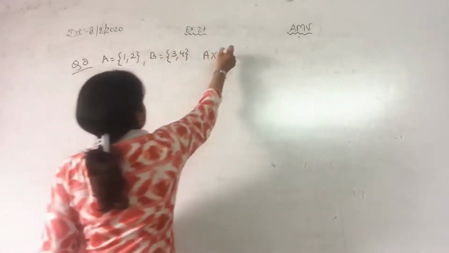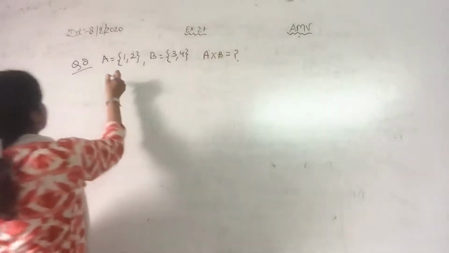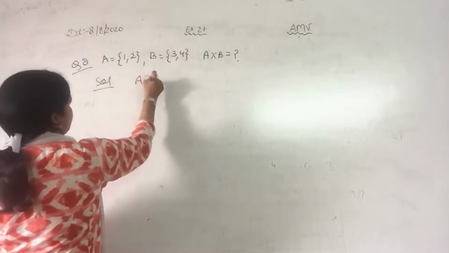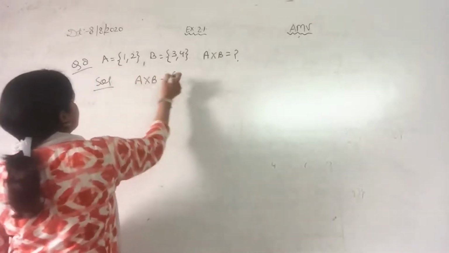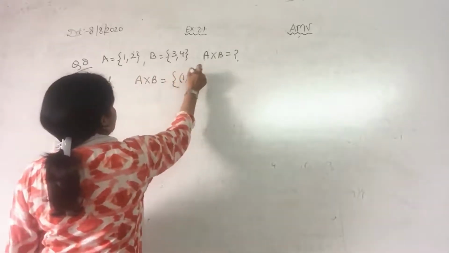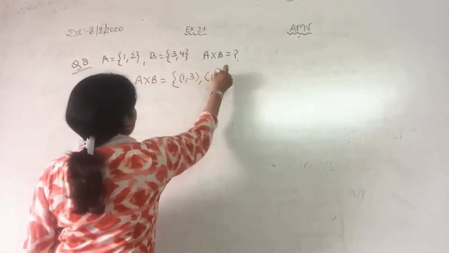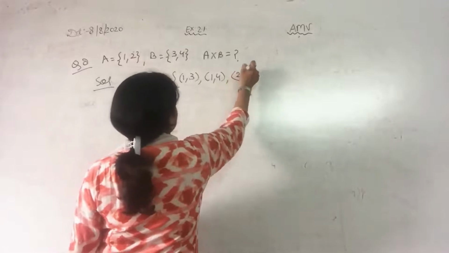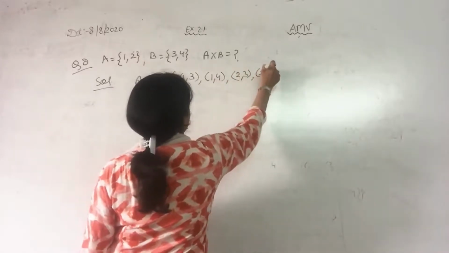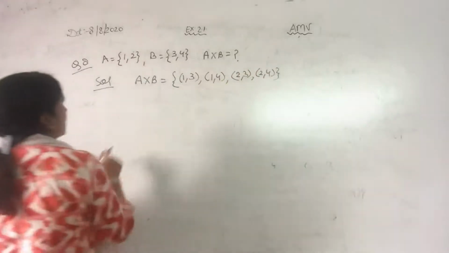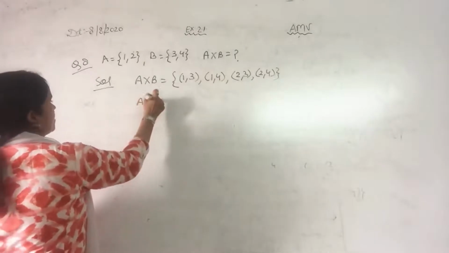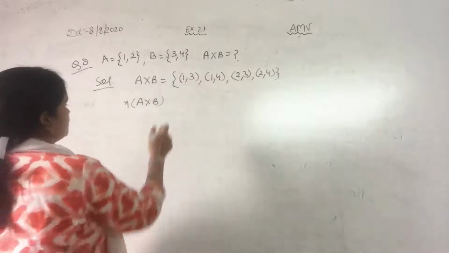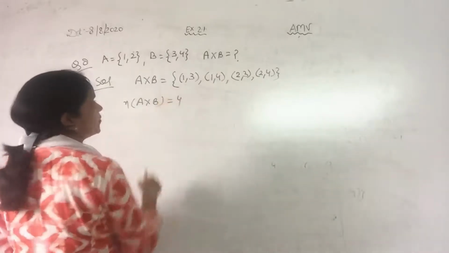Okay, so first of all, find the Cartesian product A×B. Very simple, start from set A. So it's (1,3), here (1,4), and now take 2. So it's (2,3) and (2,4). Okay, now the number of elements in the Cartesian product of A×B is 4.